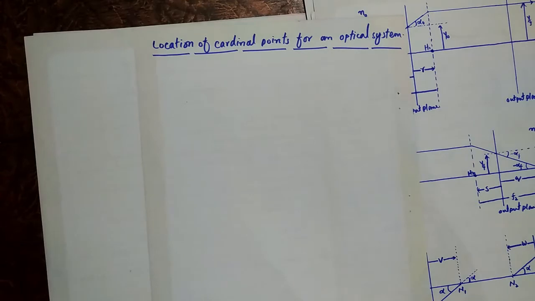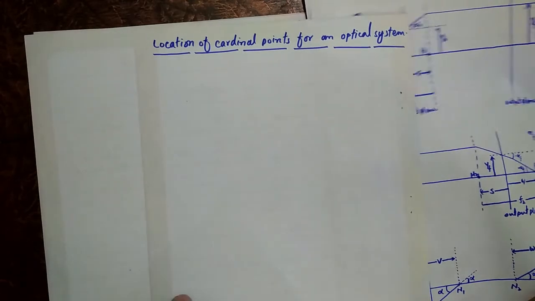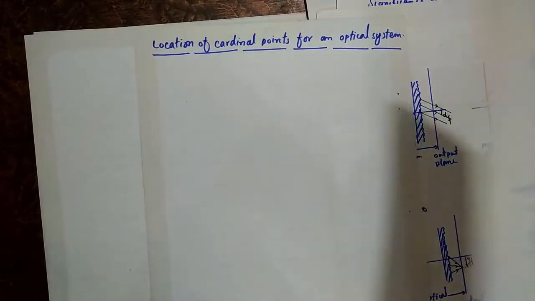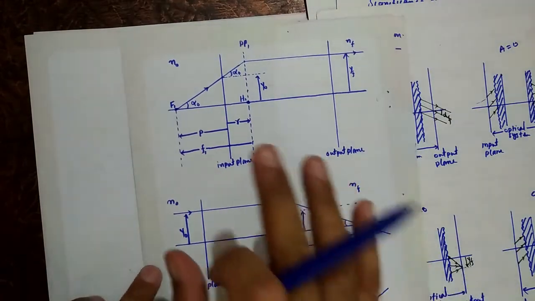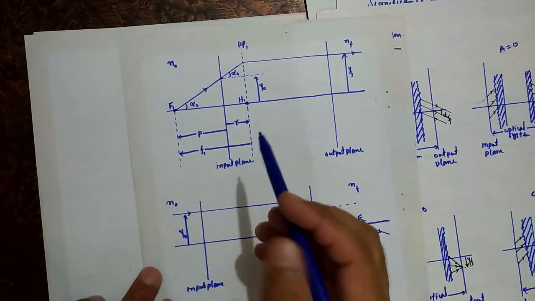Our objective here is to derive the relationship between the distances which we defined for the cardinal points and the system matrix elements. So consider I have drawn these figures. Clear?